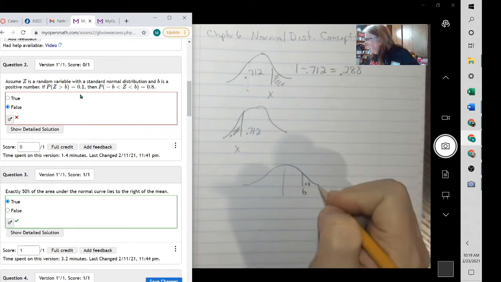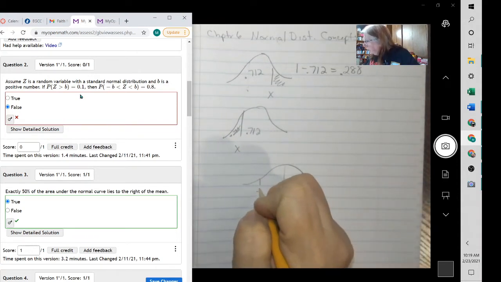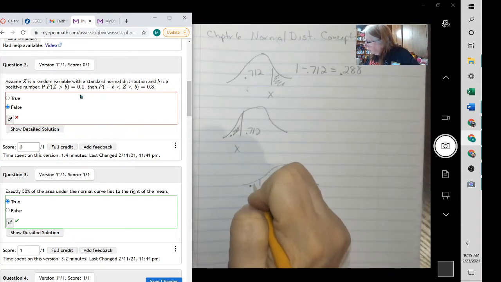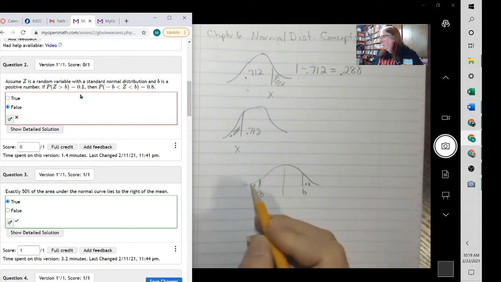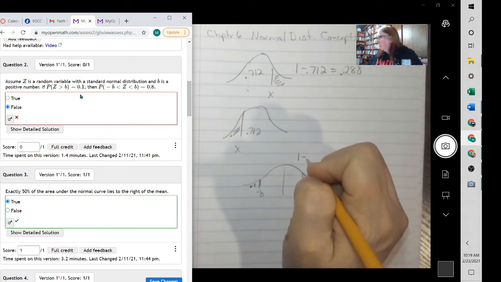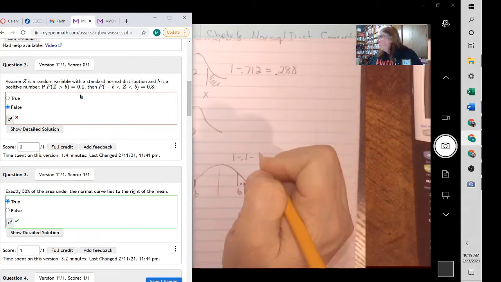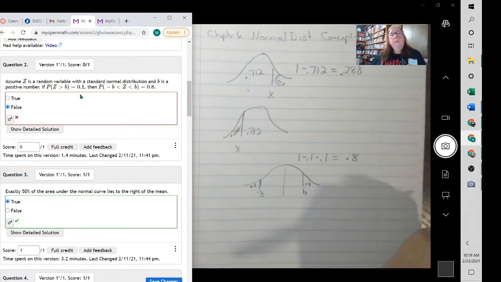So if the tail on each side is 0.1, and we know the whole thing adds up to 1, then for the inside we do 1 minus 0.1 minus 0.1. So it would be true. It is 0.8.